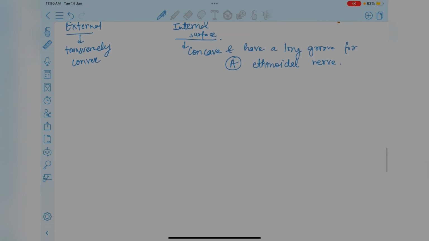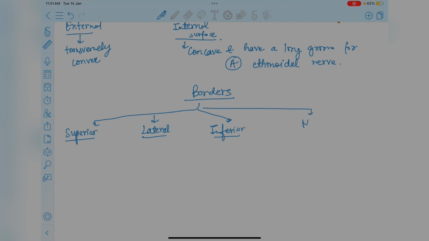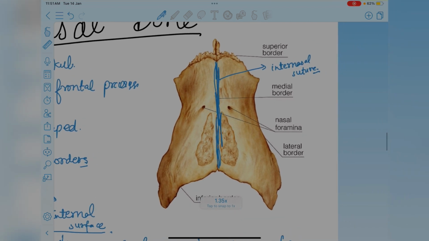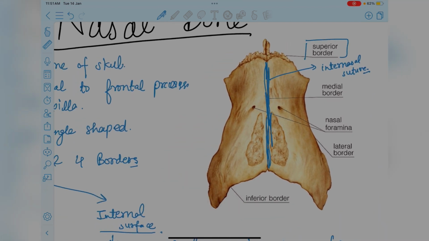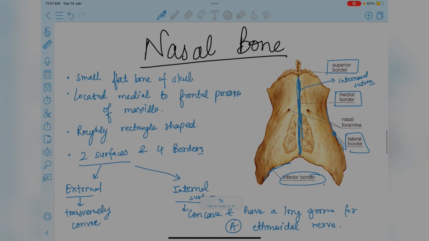Now talking about the borders, it has four borders: superior, lateral, inferior, and the medial. We can show this in the diagram. It's the superior border. This is the medial border. This portion is the lateral border, and this is the inferior border.